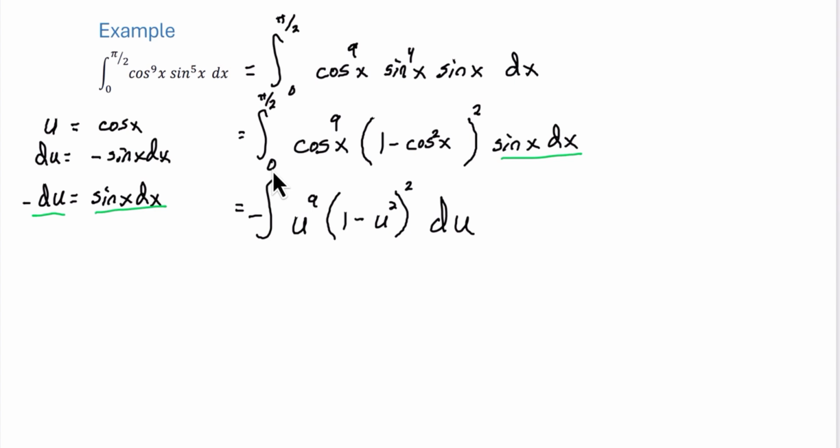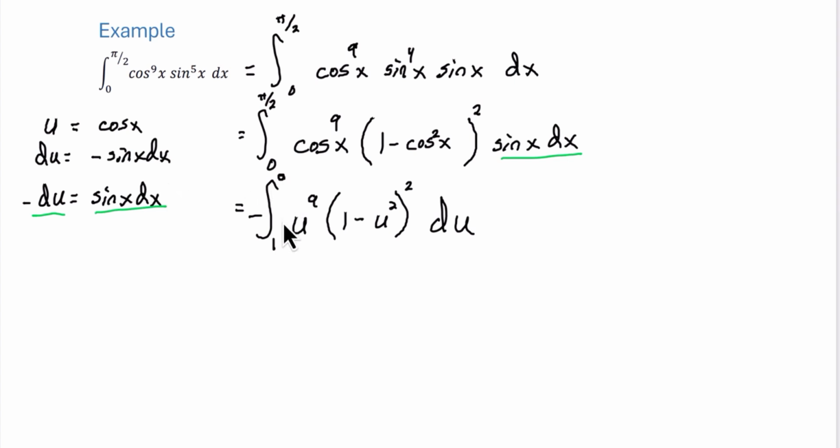The lower limit initially was 0, but now we're in terms of u, so let's plug in 0 here. Cosine of 0 is 1. And then the upper limit was pi halves. Cosine of pi halves is 0.